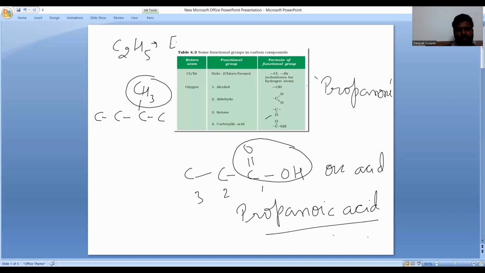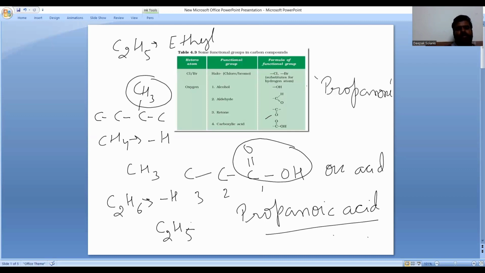This is known as ethyl group. From methane, if we reduce one hydrogen, then it will be CH3. From ethane, if we reduce one hydrogen, then it will be ethyl.